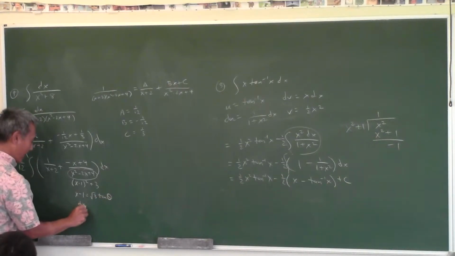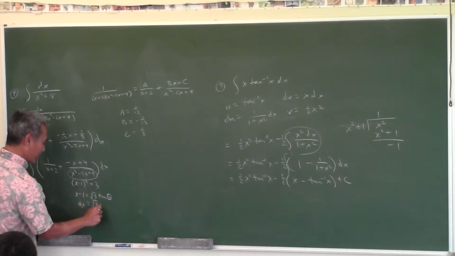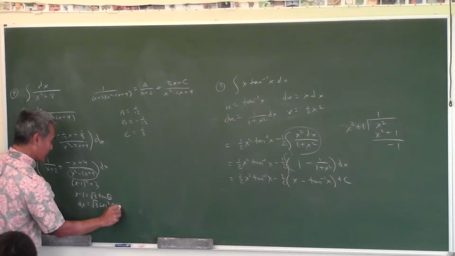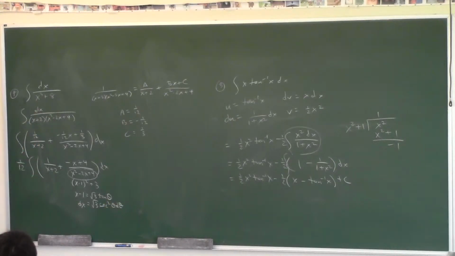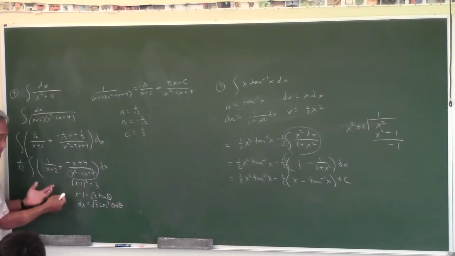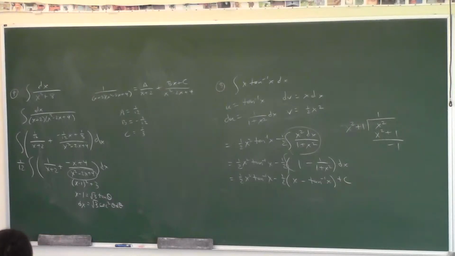So therefore, dx would equal root 3 secant squared theta d theta. Trig substitution. So the x minus 1 is like the x in the trig substitution? Exactly. It's like x squared, except it's x minus 1 quantity squared. Oh, so the x is whatever is being reused.